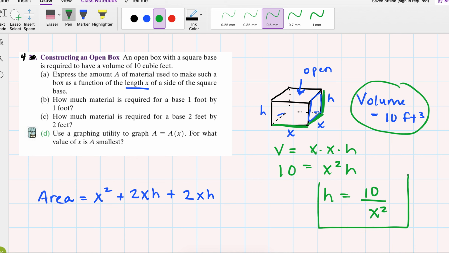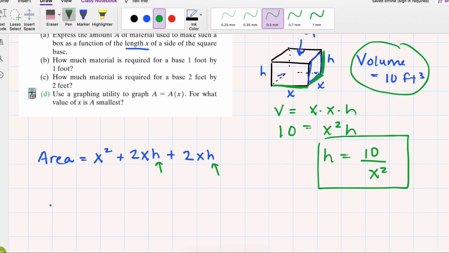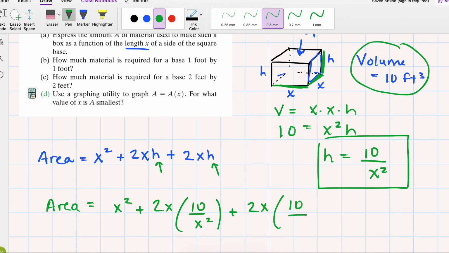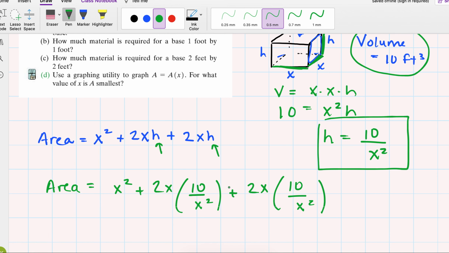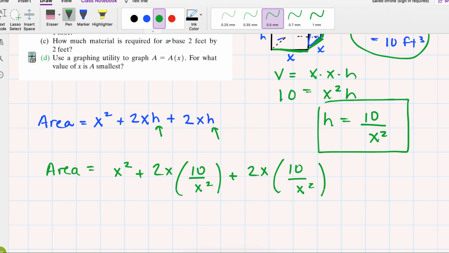And now we can take this h and plug it into this formula, and we'll get rid of all of the h's. So now the area is going to be x squared plus 2x times 10 over x squared plus 2x times 10 over x squared. You can add these two together to get 4xh if you want to. It doesn't matter, we're going to get the same answer in the end.